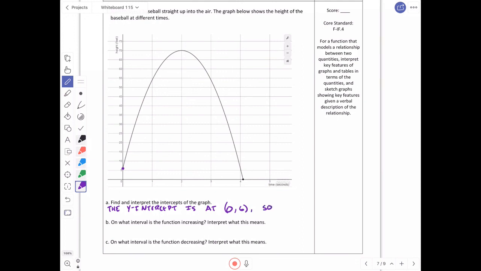So the ball was 6 feet tall when launched.